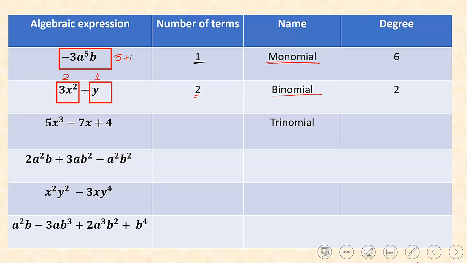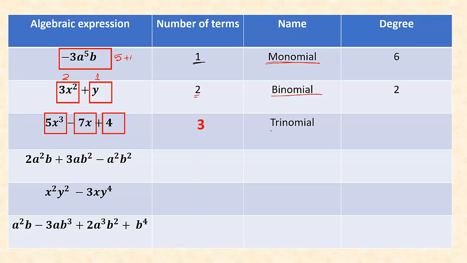Let's move now. 5x cubed minus 7x plus 3. How many terms do I have here? I have 3 terms. So the number of terms I have is 3. And when I have 3 terms, it's called a trinomial. What is the degree of this expression? Simply, I go and determine the degree of each term and see which one of them is greater.